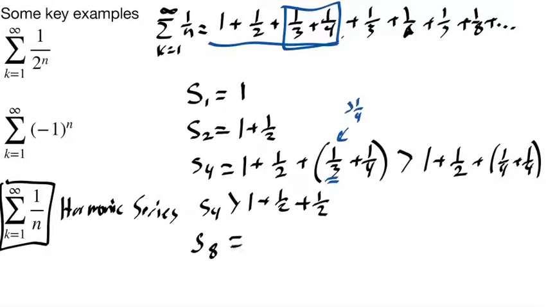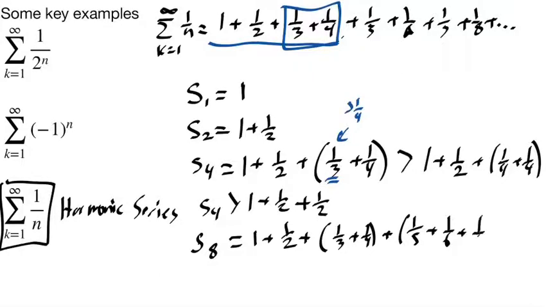So S8 is 1 plus a half plus, and then I'm going to group my 1/3 and my 1/4 again. And now I'm going to group all the rest of these, 1/5, 1/6, 1/7, and 1/8.